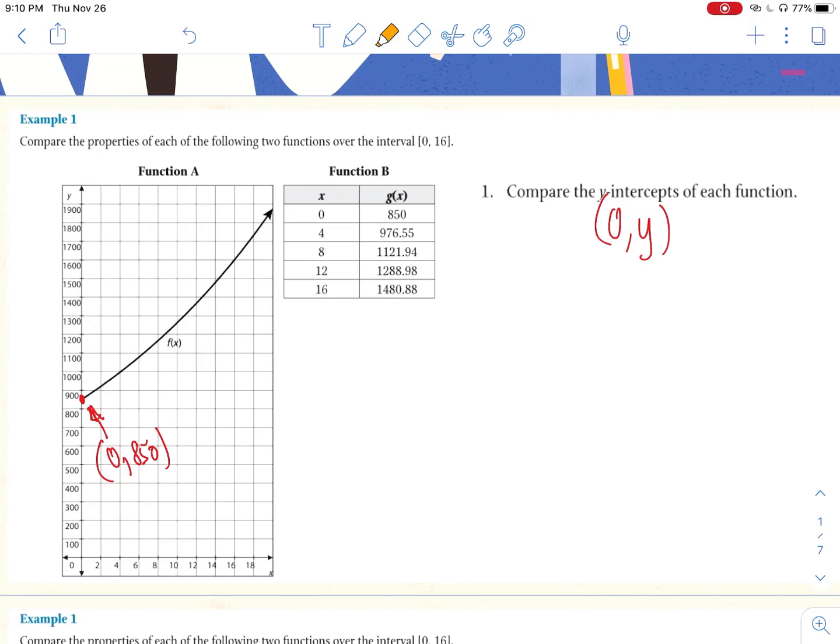For function b, in our table, we're going to look for our 0 in our x column, which is here, and whatever value is next to that is going to make up our ordered pair for our y-intercept. Therefore, in function b, our y-intercept is 0, comma, 850. If we compare these two y-intercepts for each function, I think we can come to the conclusion that the y-intercepts are the same.